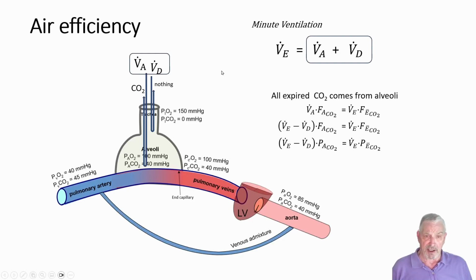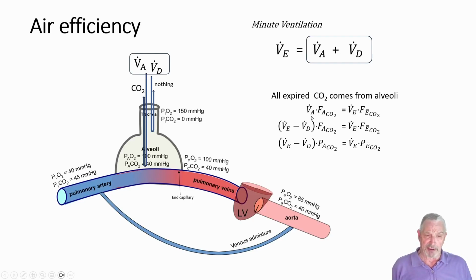And the idea here is that all the CO2 comes from the alveoli, from the alveolar ventilation. And therefore, we can say that the alveolar ventilation times the fraction of it that is CO2 must equal minute ventilation times the fraction of it that is CO2.